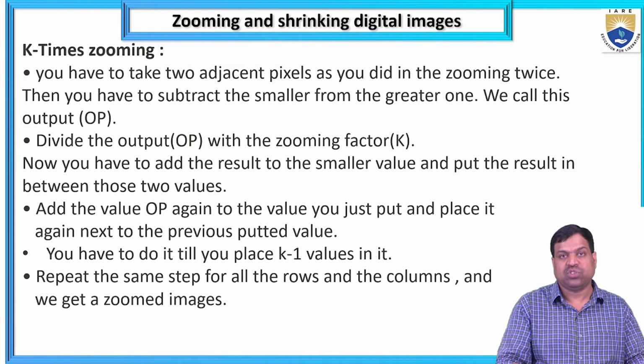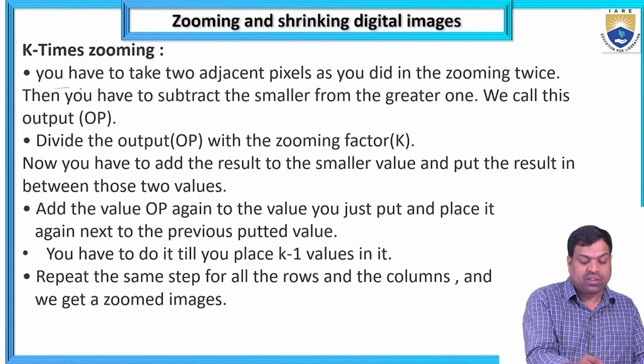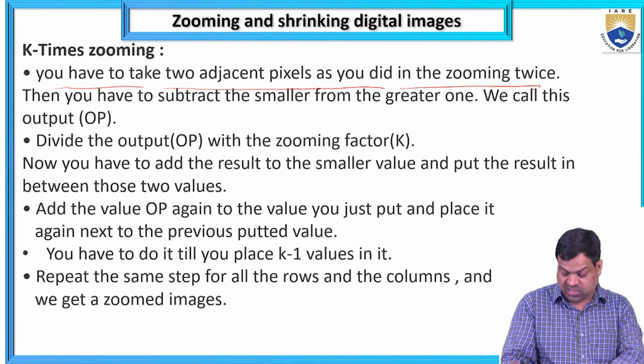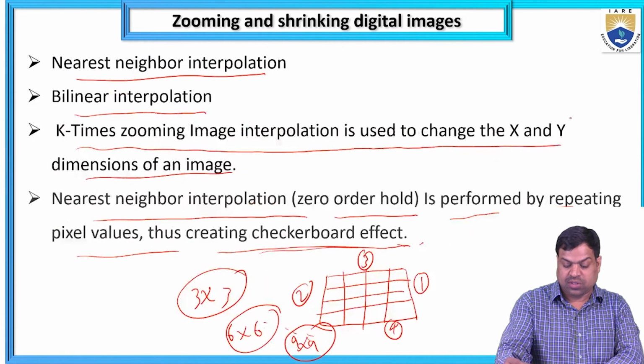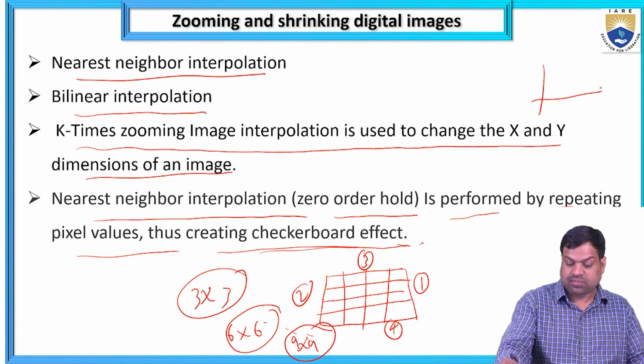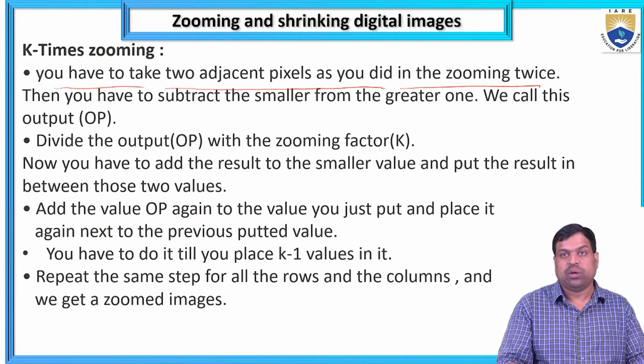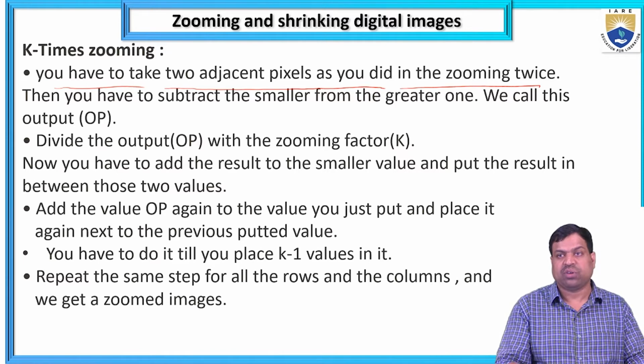And what is k times zooming? When we are taking 2 adjacent pixels, as in zooming twice, the k dimension applies on the x axis and y axis of the image. So I am taking 2 dimensions, x and y axis. Then we have to subtract the smaller from the greater one, which we call the output.